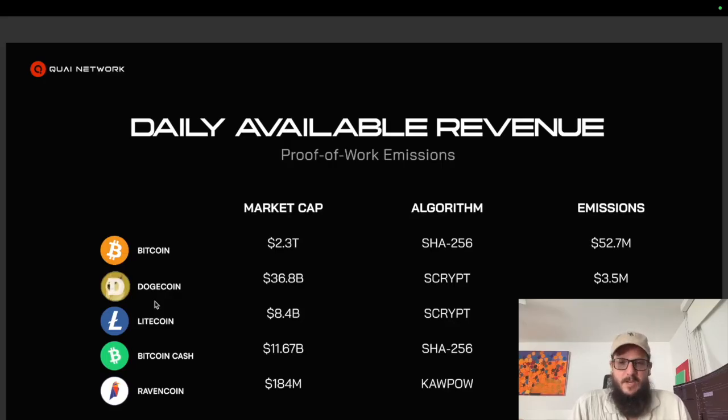It's effectively the same algorithm and only really differs by a string. So, these are the emissions per day. Ravencoin has about 40,000 per day, Bitcoin Cash 250,000, Litecoin 400,000, Dogecoin 3.5 million, and Bitcoin about 53 million.